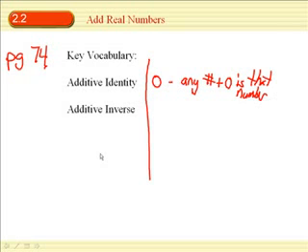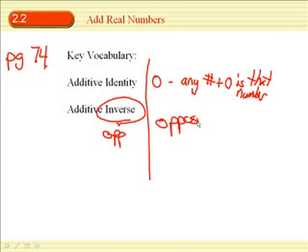Okay? And then the additive inverse is another way of saying the opposite. So the opposite of a number is its additive inverse.